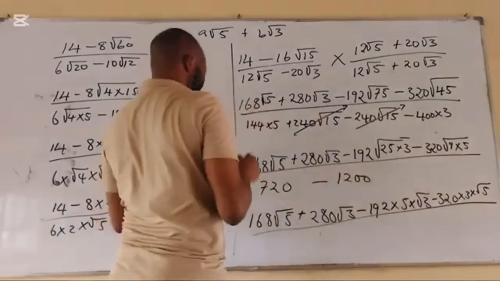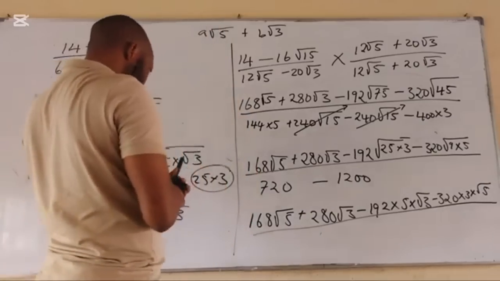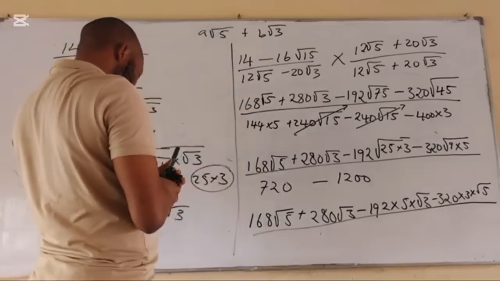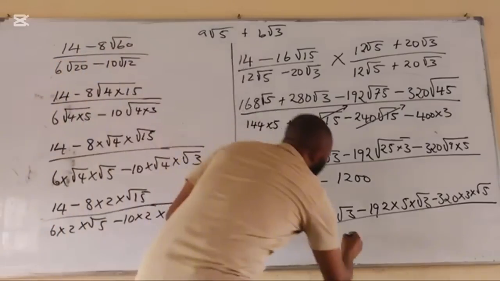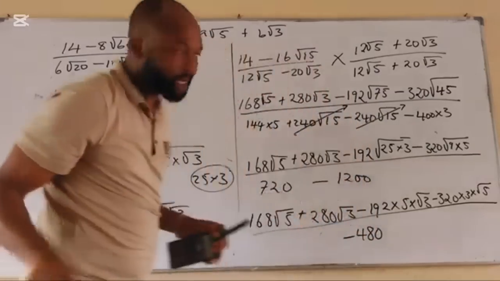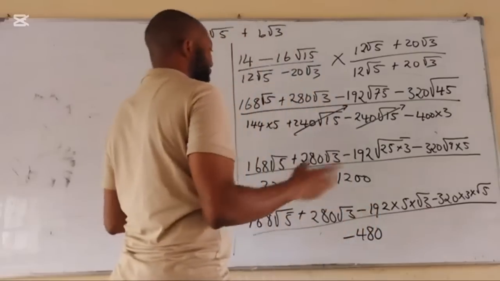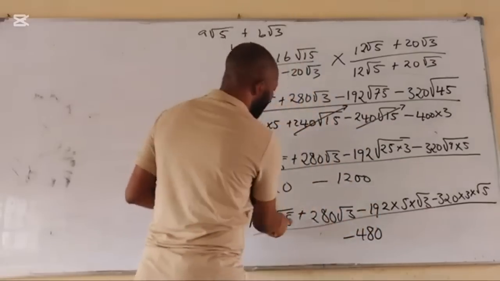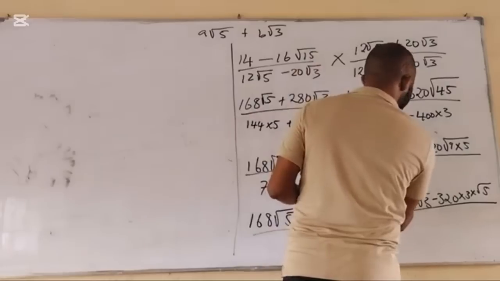All over 720 minus 1,200. That gives me minus 480. Let's clean this other side. Now, this is root 5, this is root 3, to compress them.